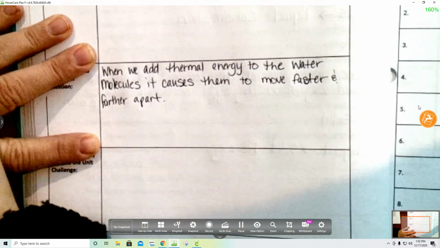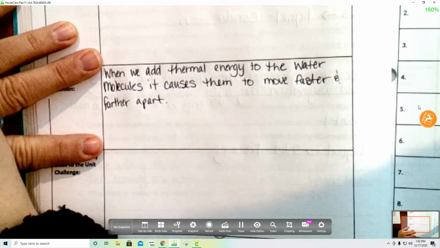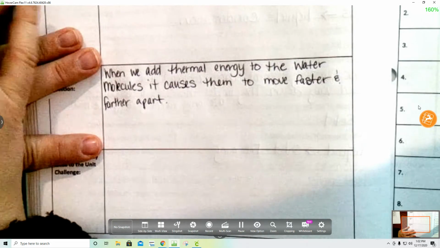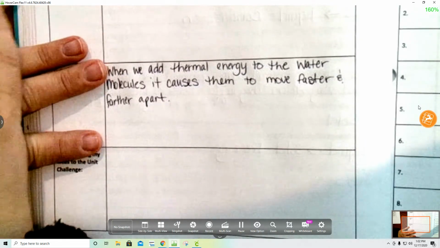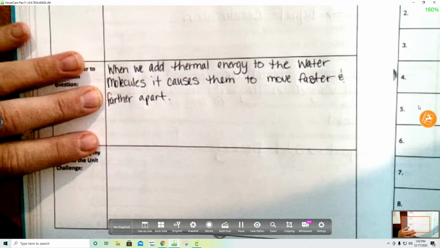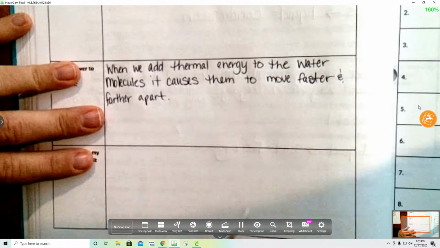When our thermal energy increased enough for the molecules to move more freely and fast enough to evaporate, we have another phase change. So the more heat we added, the more phase changes we went through, from solid to liquid and then liquid into gas.